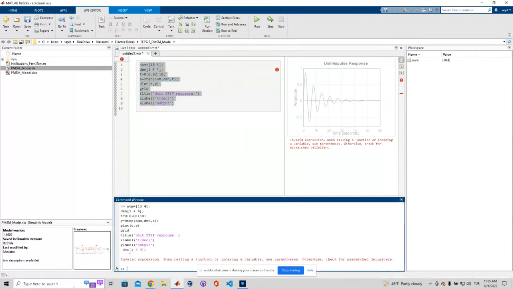Sometimes the live script is not working that way.